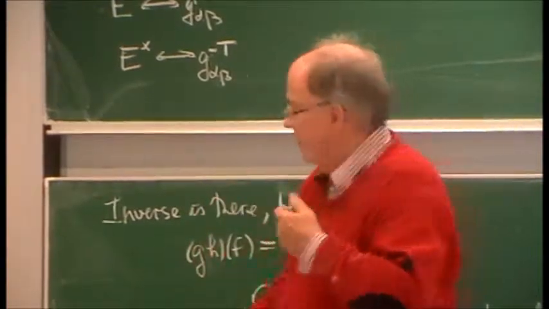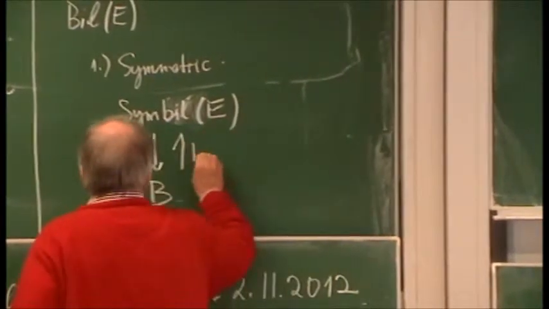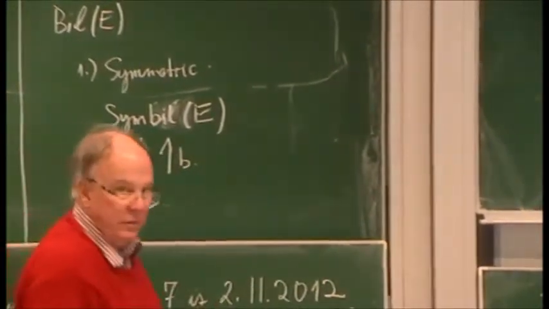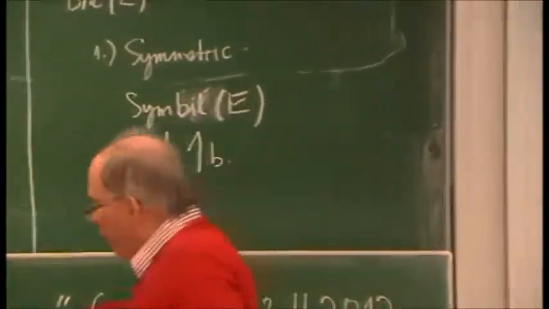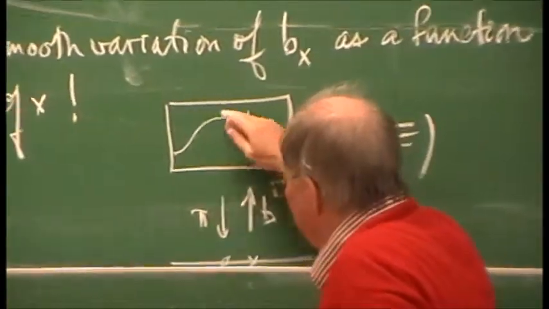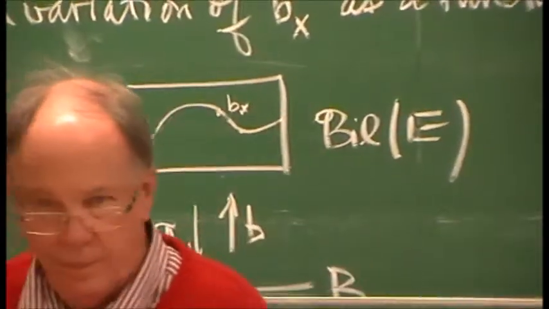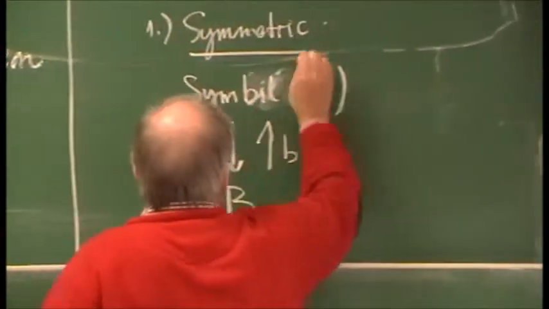So a symmetric bilinear form is just a section here. Section is another way of saying to every point you have a bilinear form, in this case symmetric, and it moves smoothly. So symmetric is no problem.